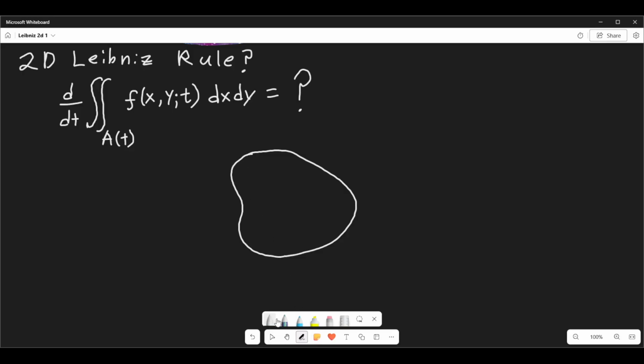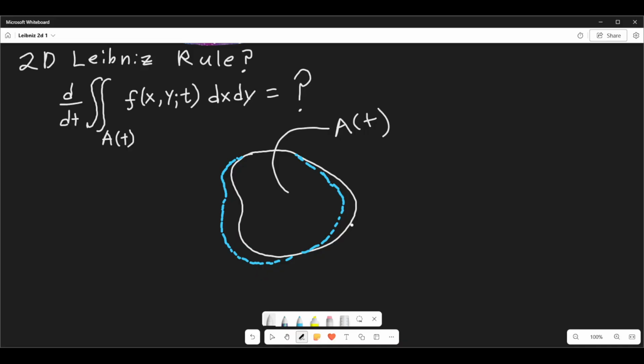And this shape is basically going to move with time. So it's going to come up and take some kind of new form. And the inside, the area of the shape, is referred to as A of t.